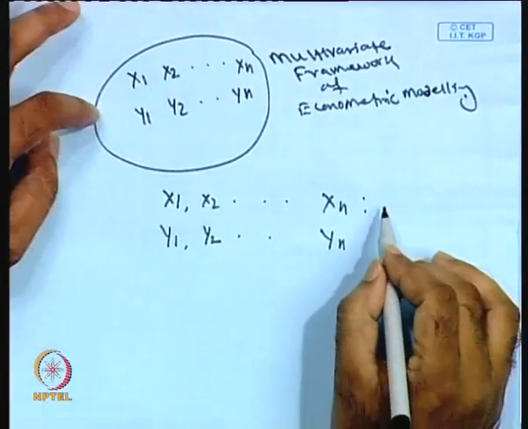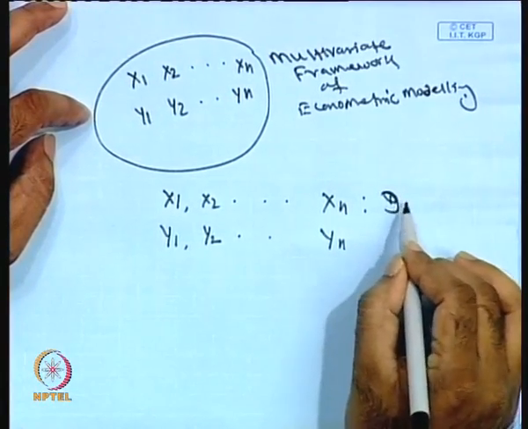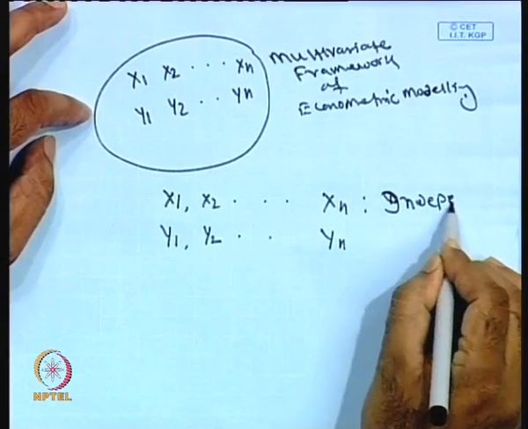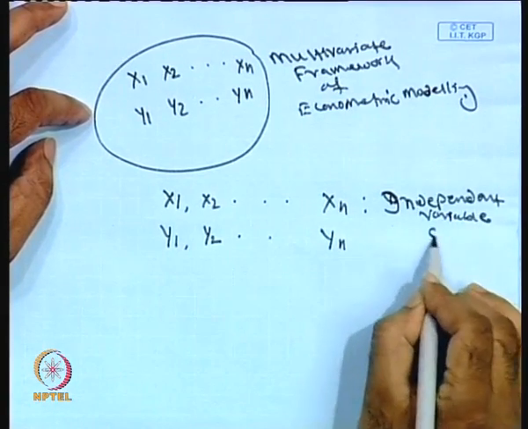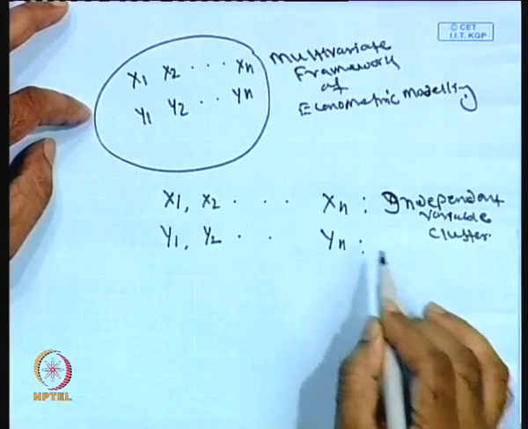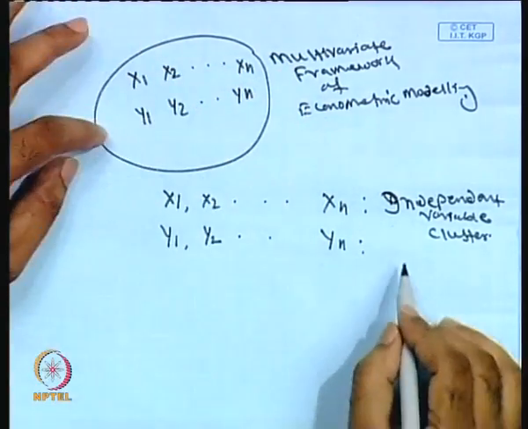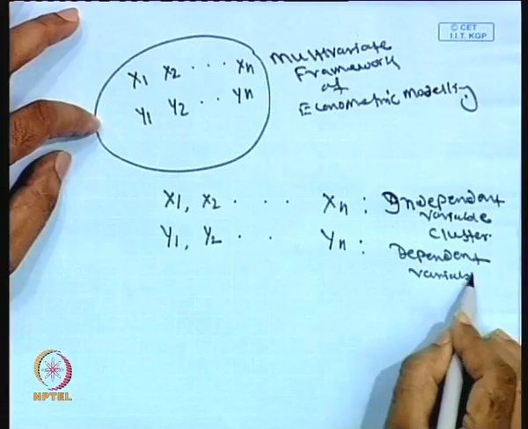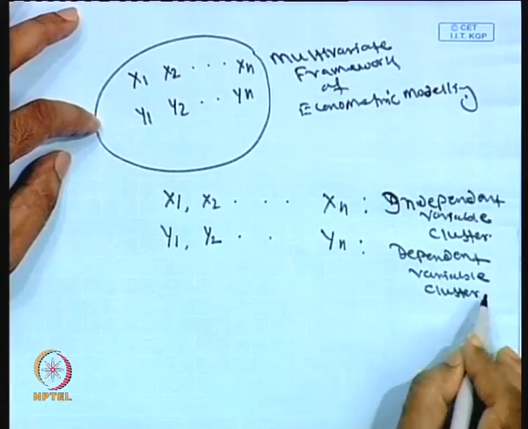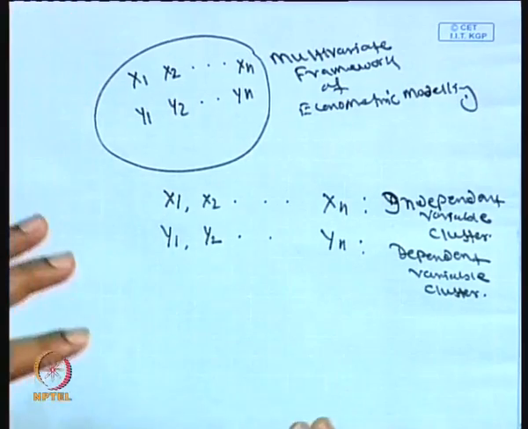This particular series is called the independent variable cluster, and this series y1, y2, yn is called the dependent variable cluster. So, multivariate econometric modeling is nothing but the integration of independent variables and dependent variables.